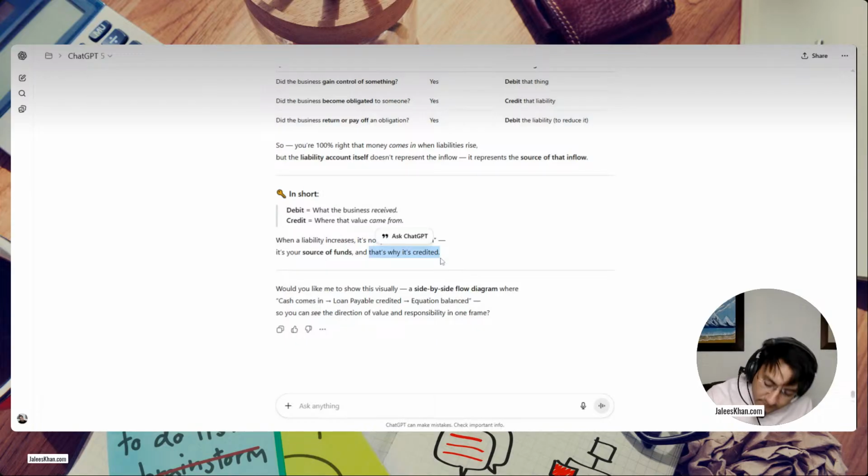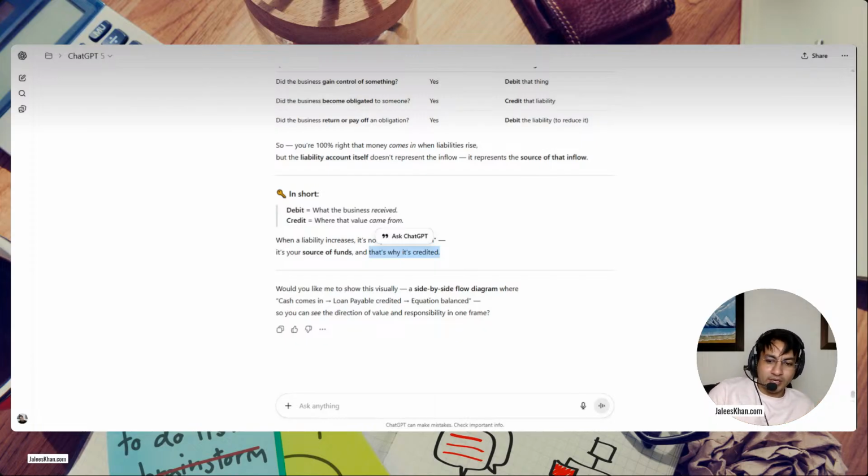Okay, okay. I'm getting something here. When liability increases, it's not the end of the transaction, it's like the starting of the transaction. If I increase liability, I took the loan, okay, but where is it going to land in my business?